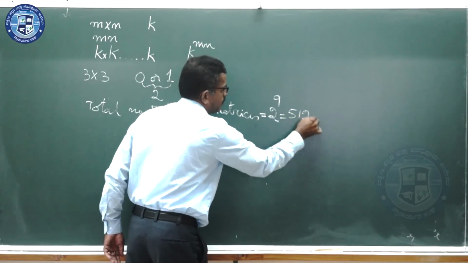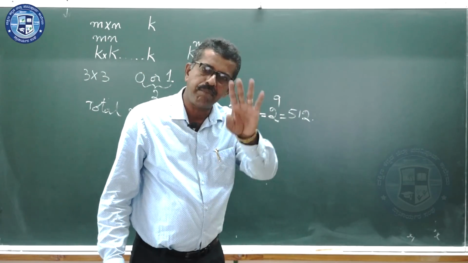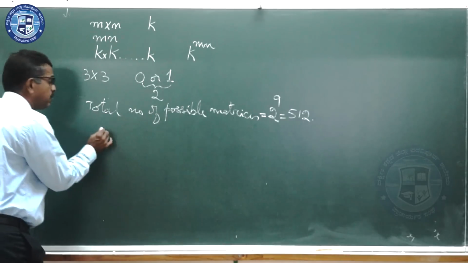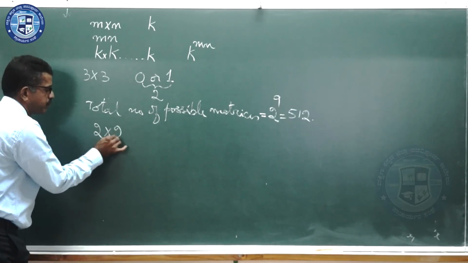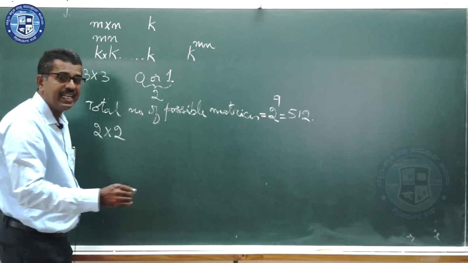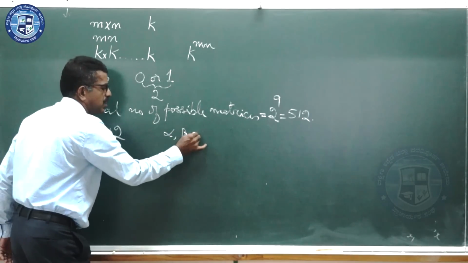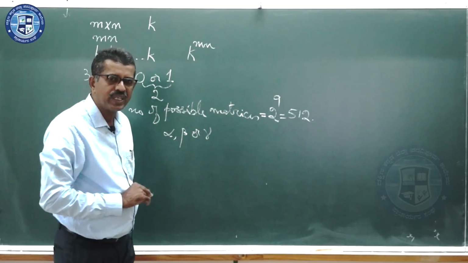Okay, so this is one of the questions. Now if I ask you another question, I am very sure that you can answer it. What is the total number of possible matrices of order 2 cross 2 with each entry either alpha or beta or gamma? Do you have the answer?